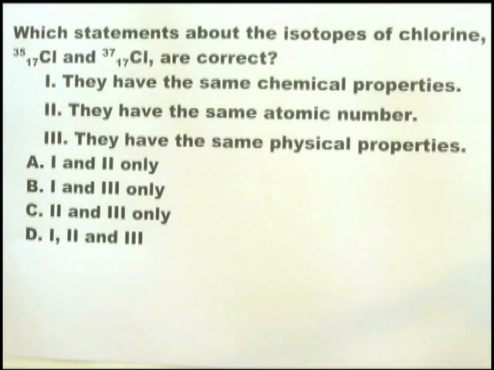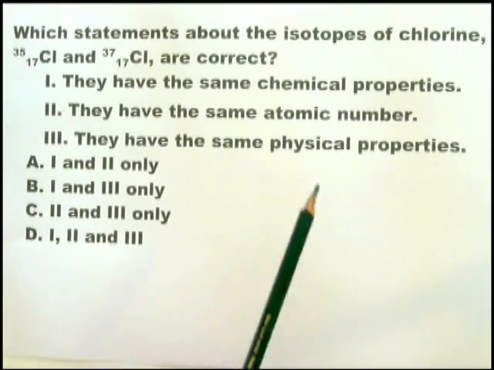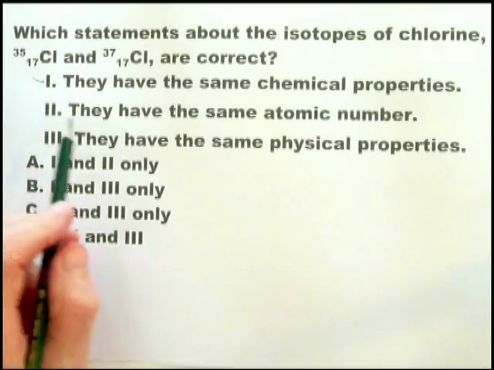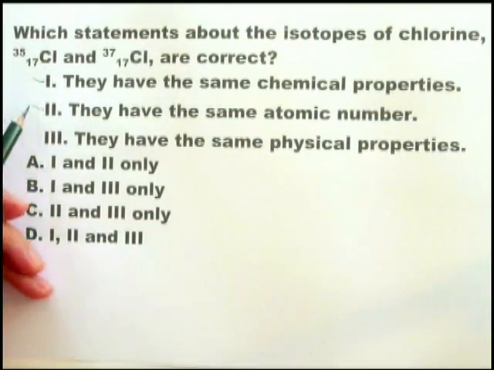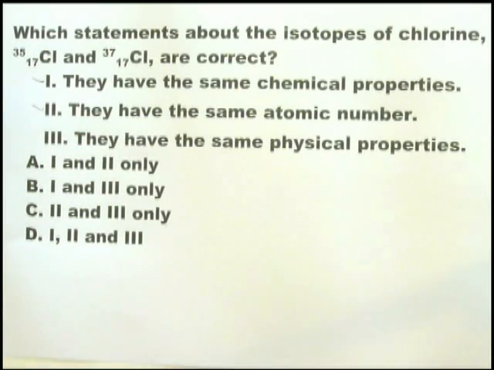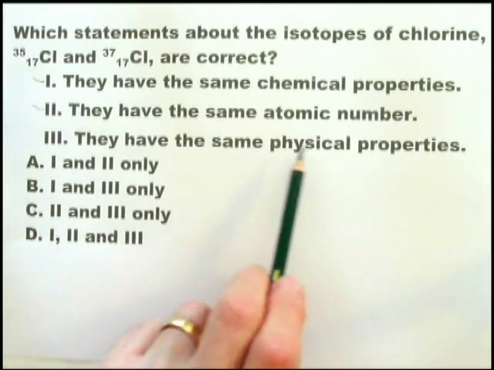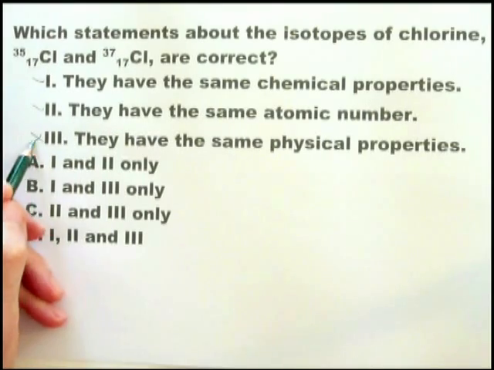This is a question about isotopes, and you are expected to know that isotopes have the same chemical properties. You know that, and they have the same atomic number. Those are two things you must know about isotopes. You also must know that they do not have the same physical properties.